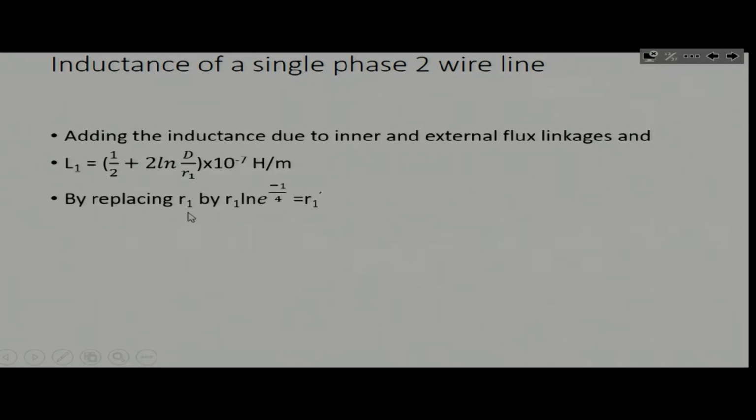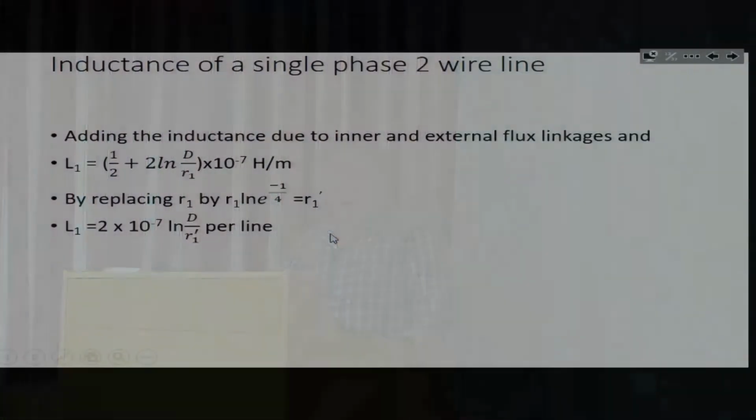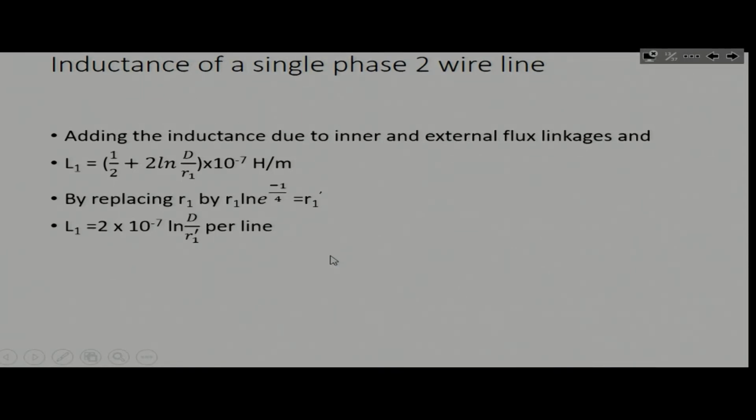By replacing R1 by R1 e to the power minus 1/4 and equating that to R1 dash, this is due to the effect of the current flowing only on the outside of the conductor, skin effect. So L1 is 2 times 10 to the minus 7 ln D over R1 dash. And thus for a double line, L is equal to 4 times 10 to the minus 7 ln D over R dash.